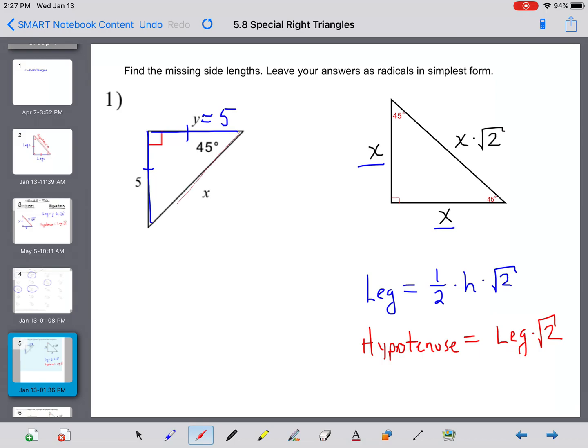To find the hypotenuse, we can look at the diagram and see it's x times the square root of 2, where our x's represent the legs. Our legs in number 1 are equal to 5, so the hypotenuse must be 5 times the square root of 2. We could have found that using our formula as well: it's the leg times the square root of 2. The leg is 5, so the hypotenuse must be 5 times the square root of 2.